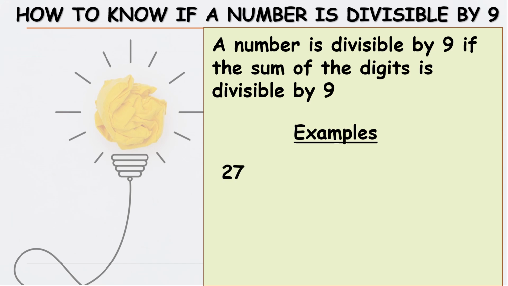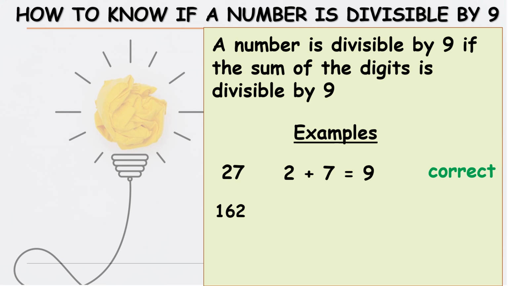Let's look at this example. 27. Is 27 divisible by 9? 2 plus 7 is 9. Based on the result from the summation, is 9 divisible by 9? Definitely. So therefore 27 is divisible by 9. We look at another example, 162.